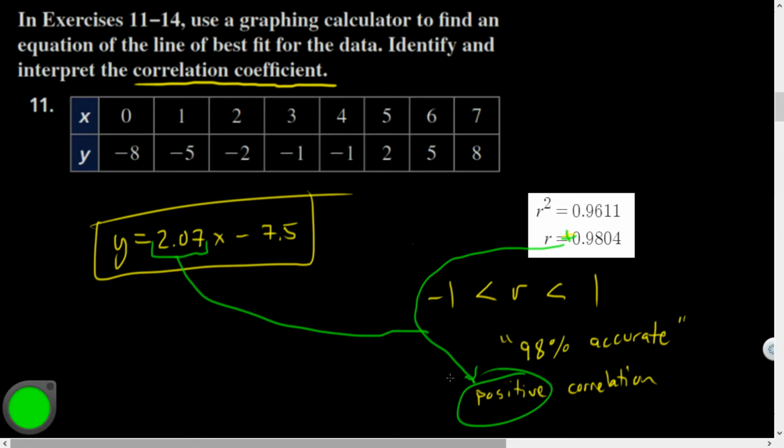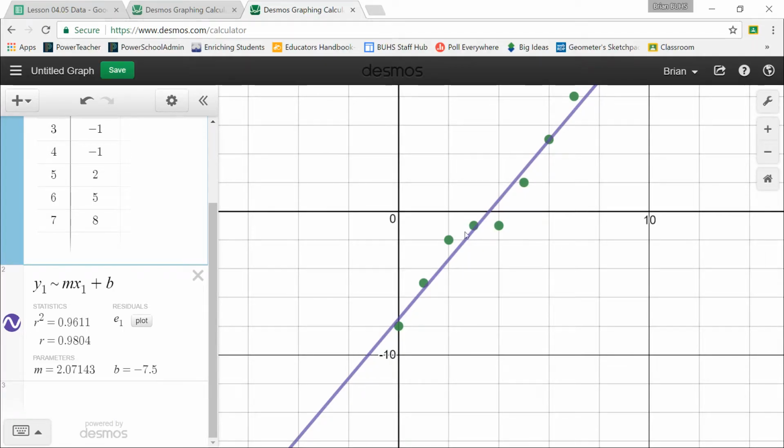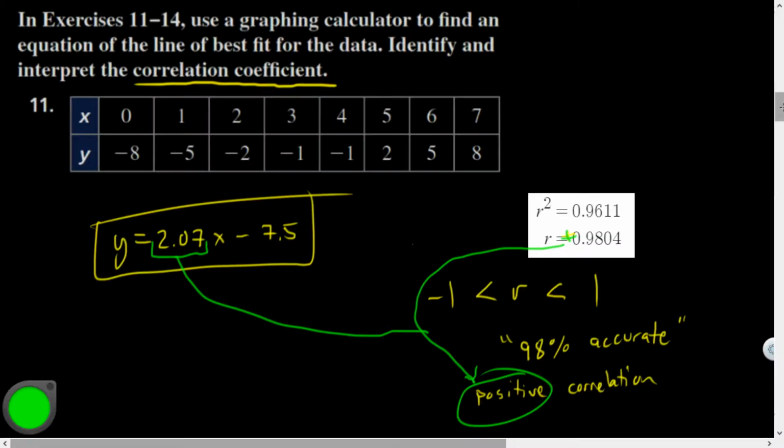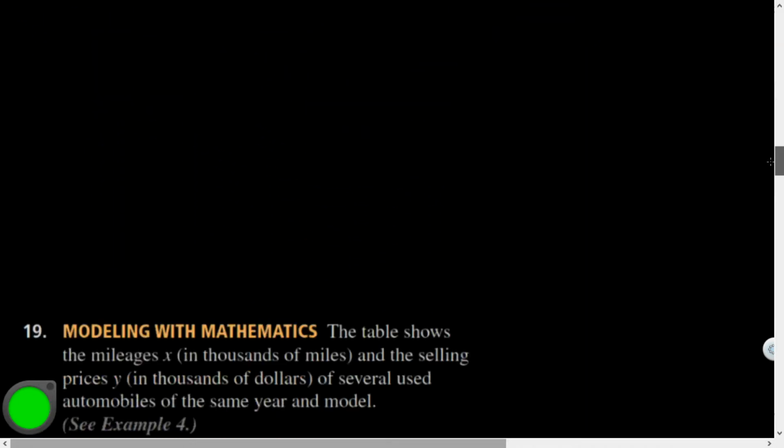So the number is kind of like how accurate it is. If this was like 0.8 or 0.5 or 0.3, that means my model would fit the data less, the data would have been further from my line, but it seemed to fit pretty okay.